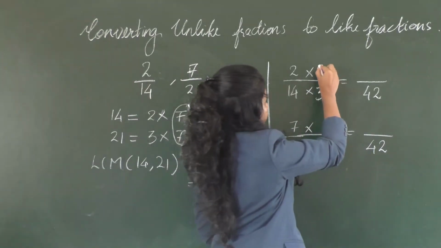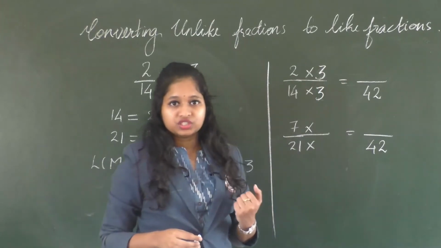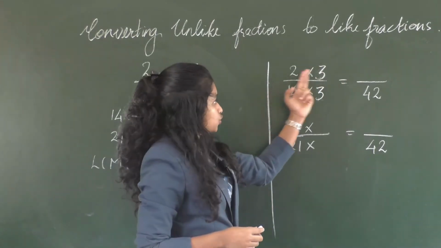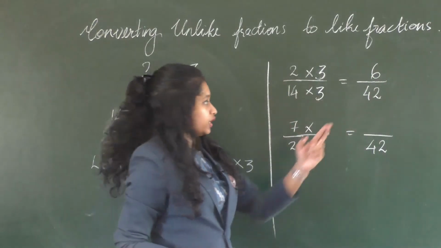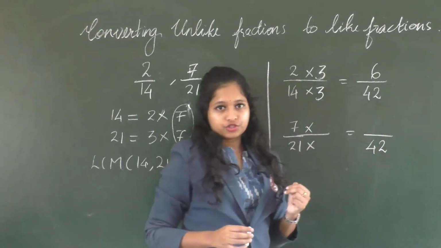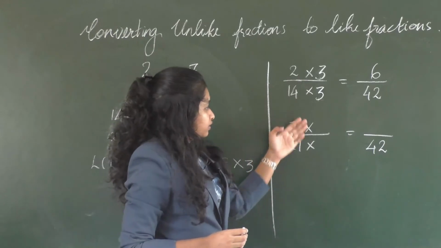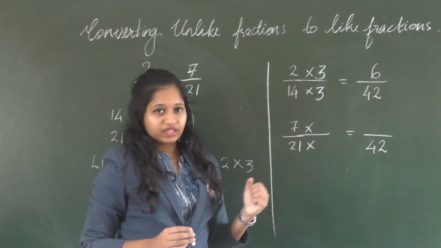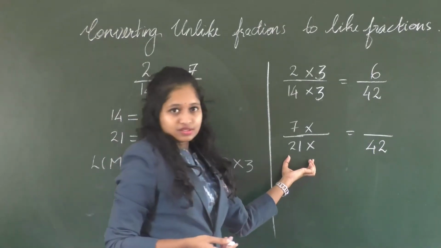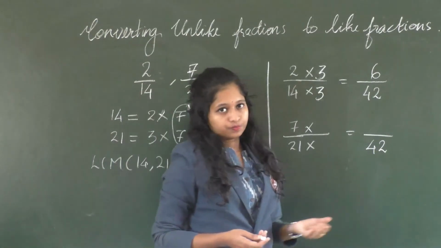So multiply the numerator also by 3. So we get 2 into 3 is 6. Okay, so I got 6 by 42. The next fraction is 7 by 21. Again we have to make this denominator as 42.